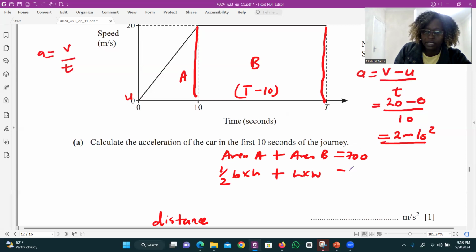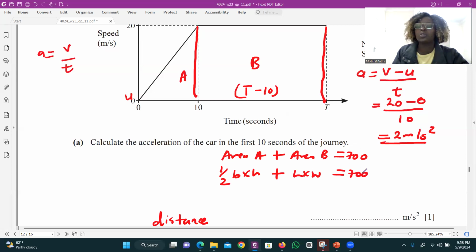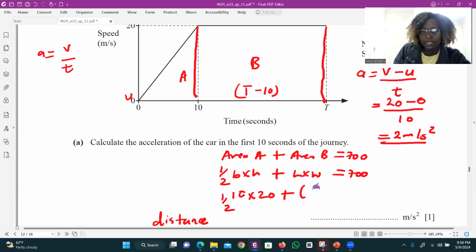It's going to give us 700. Now let's substitute the information we have. My base for the triangle is 10. So I can say half of 10 times the height, which is 20, plus my length is t minus 10 times width, which is 20, is giving me 700 there.